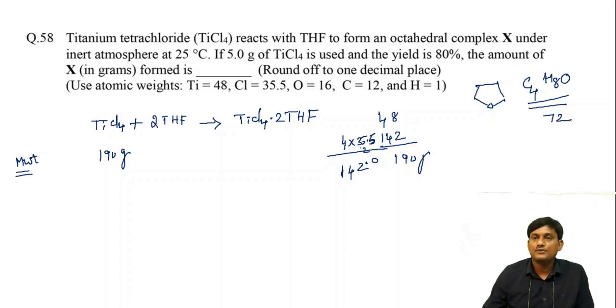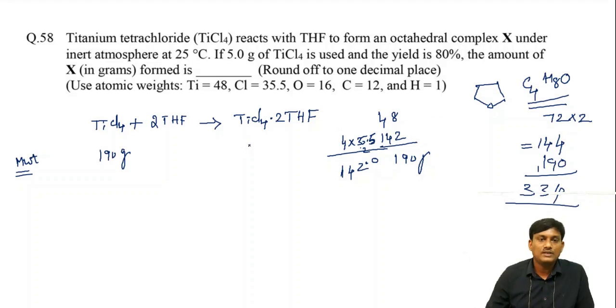For two molecules, you will get 72 into 2, it will be 144. 144 plus 190, you will get 334. This is the molecular weight of TiCl4·2THF, 334 grams.